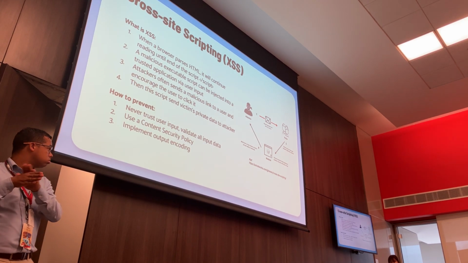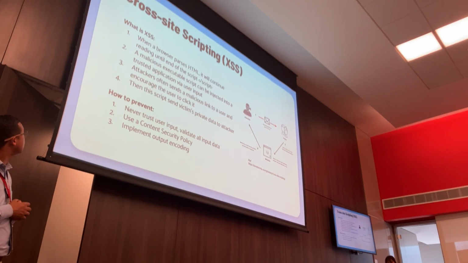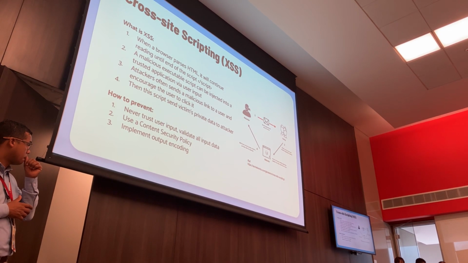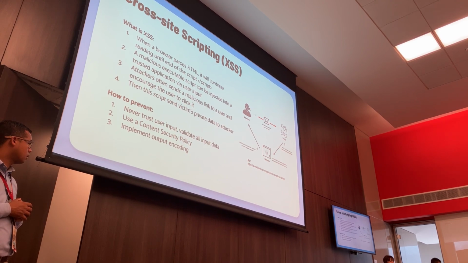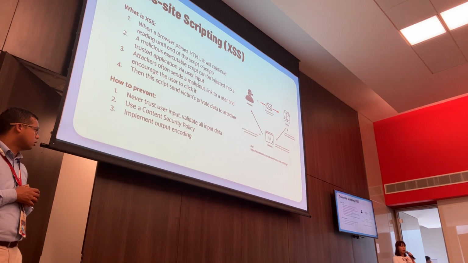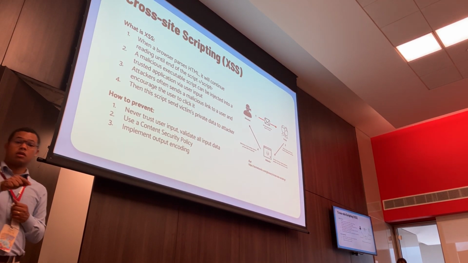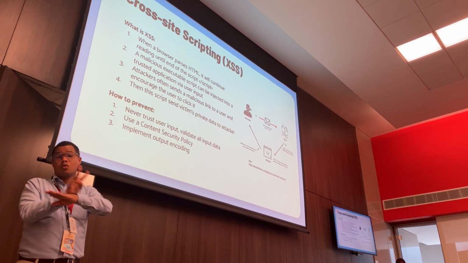For example, they can send a link to a user and encourage them to click it. The user assumes it's an authenticated, real link and clicks it, but they didn't know it's actually not an authenticated link. So for this kind of issue, how do you prevent it?